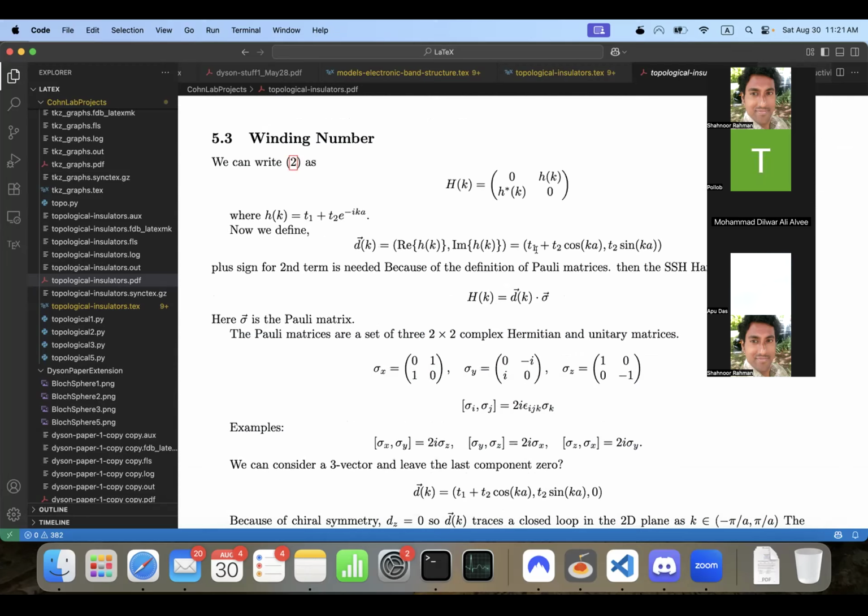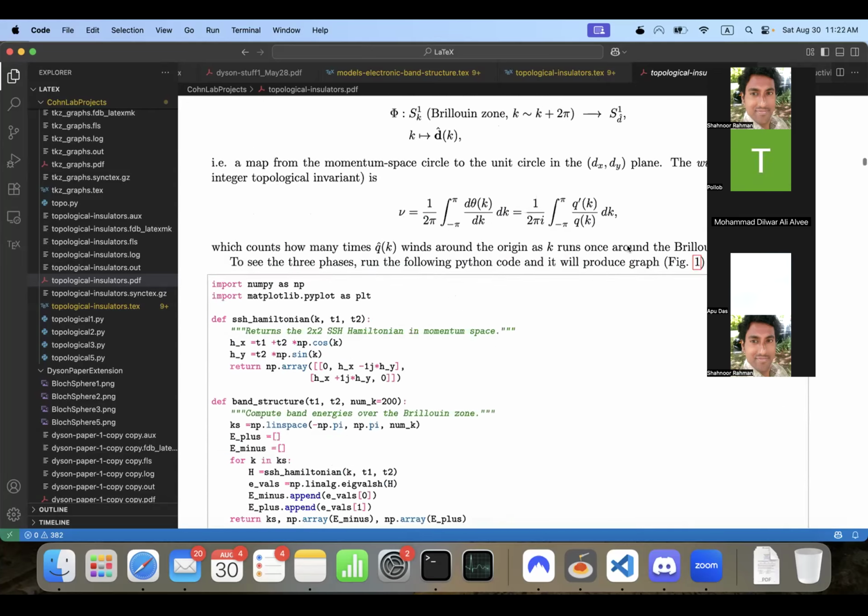And the real component is T1 plus T2 cosine Ka, where a is the lattice constant, the separation inside the unit cell. And the imaginary component is T2 sine Ka.